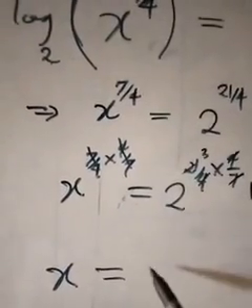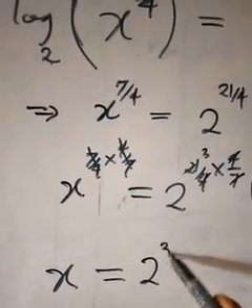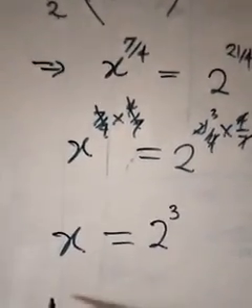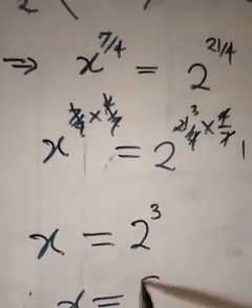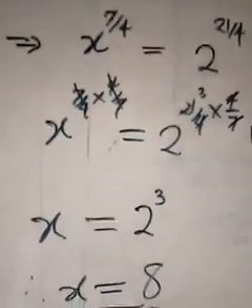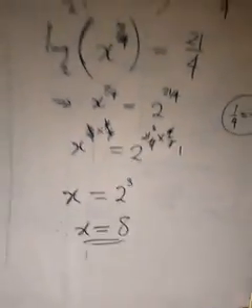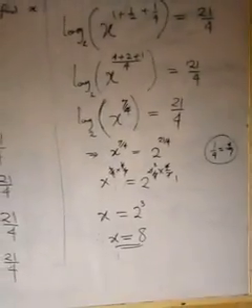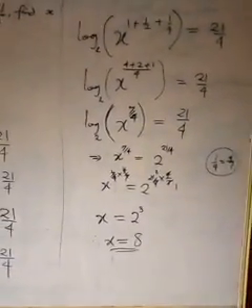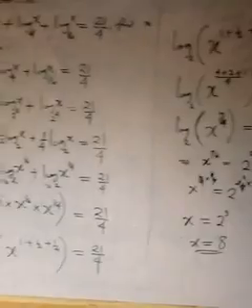So we are left with 2 raised to the power 3. So therefore, our answer will now be x equals 8. 2 raised to the power 3 is equal to 8. So this is how we can deal with questions like this in a very simple way.